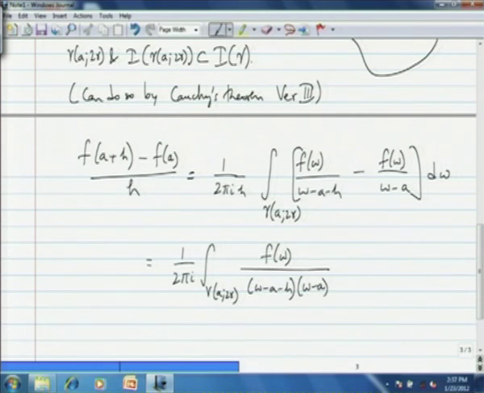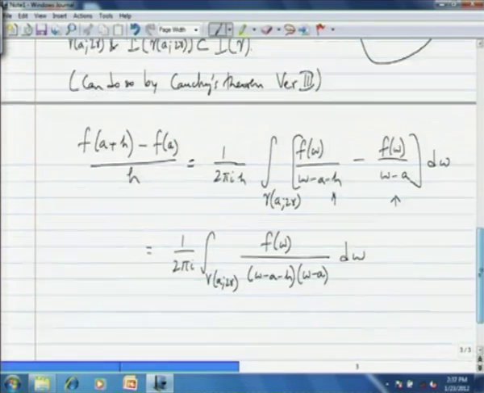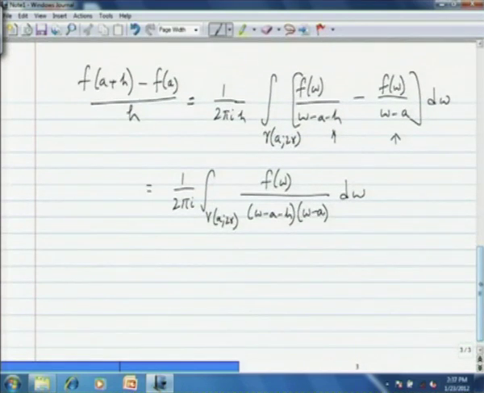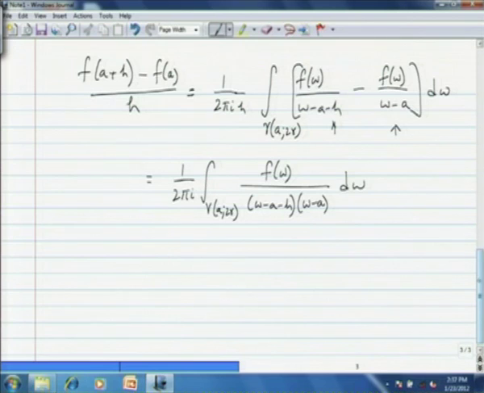Once you make these two expressions into one, you get an h in the numerator that cancels with the h outside, and then you get this dw. So, now the idea is hopefully this: when you take the limit as h goes to 0, the integrand will become f(w)/(w-a) squared. So, we will justify that.